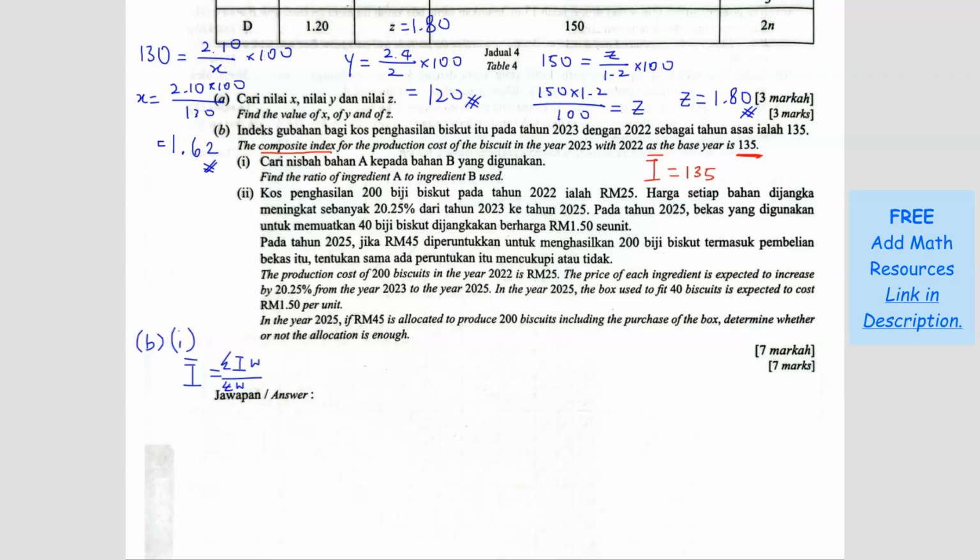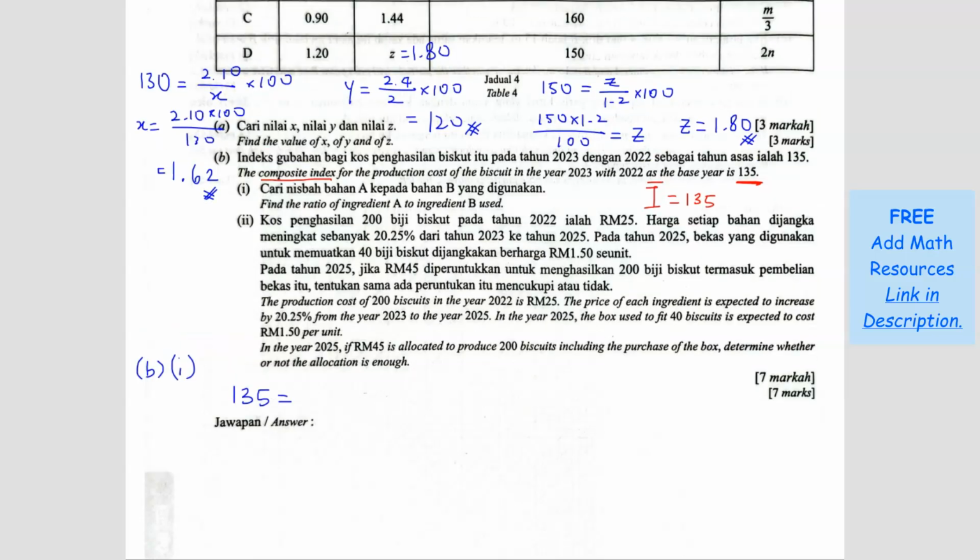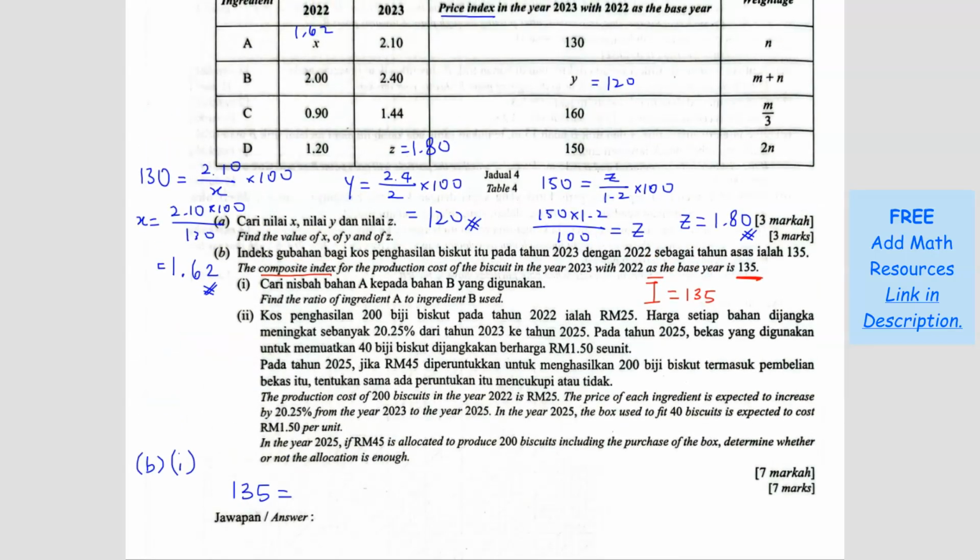If you don't understand, we'll do this together, don't worry. The composite index is 135, that is given to you here. So you multiply each price index by the weightage: 130 times n plus 120 times m plus n.